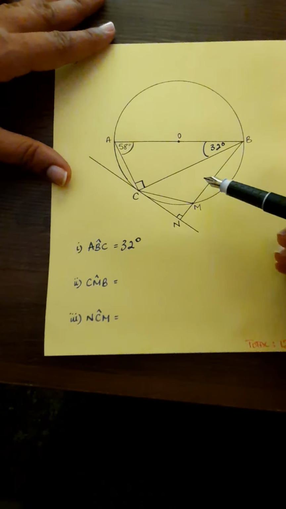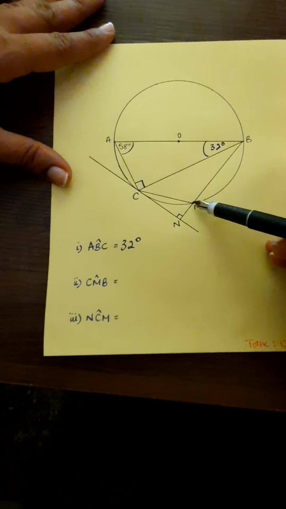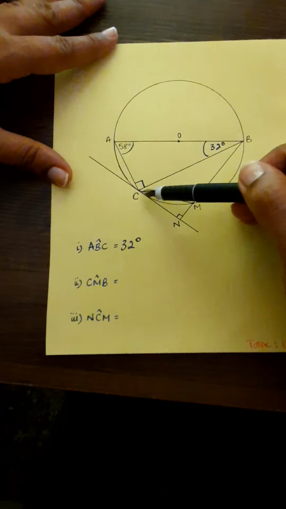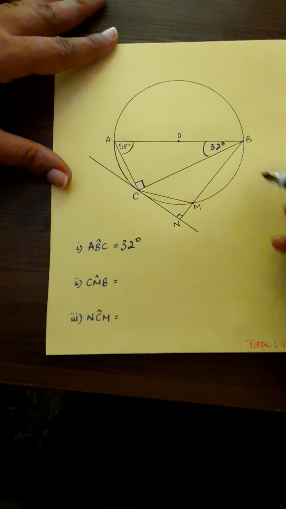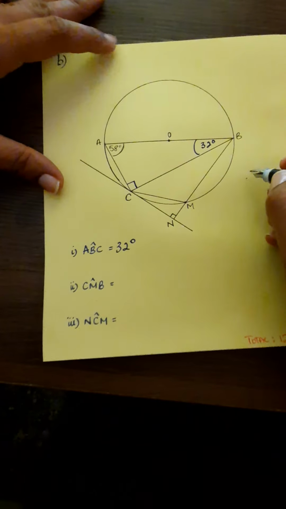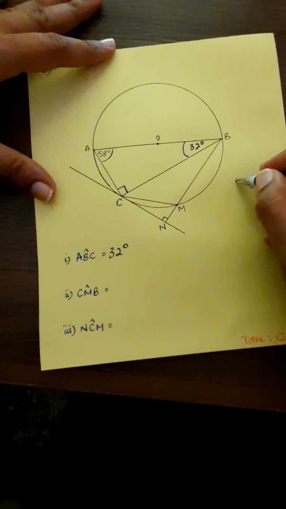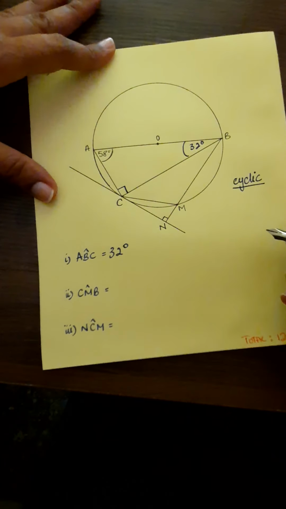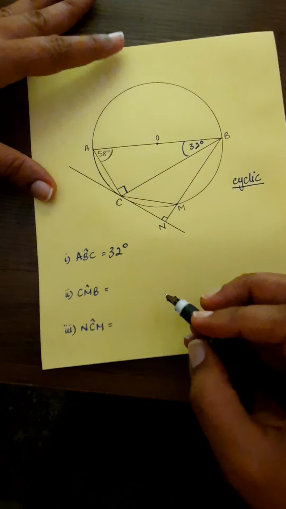Then they want CMB, so we want this angle here. ABMC is a cyclic quadrilateral, as you can see, a cyclic quadrilateral, that's how you spell it, in case you want to look it up in a textbook.